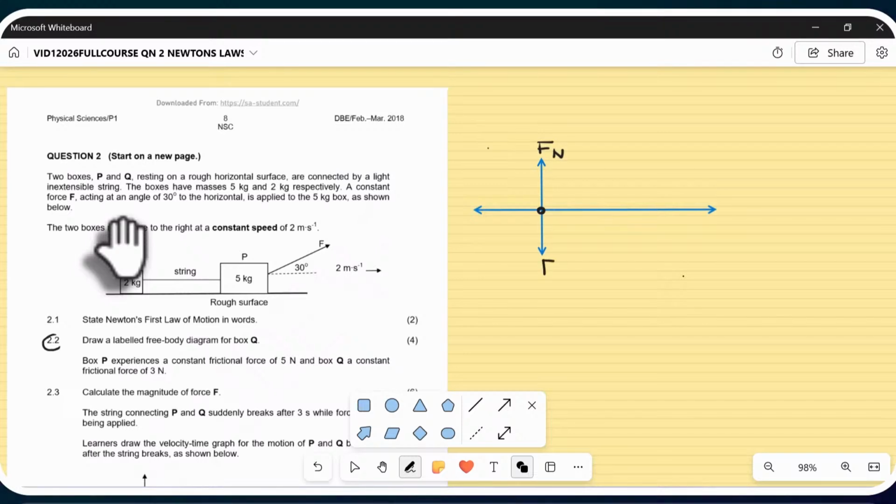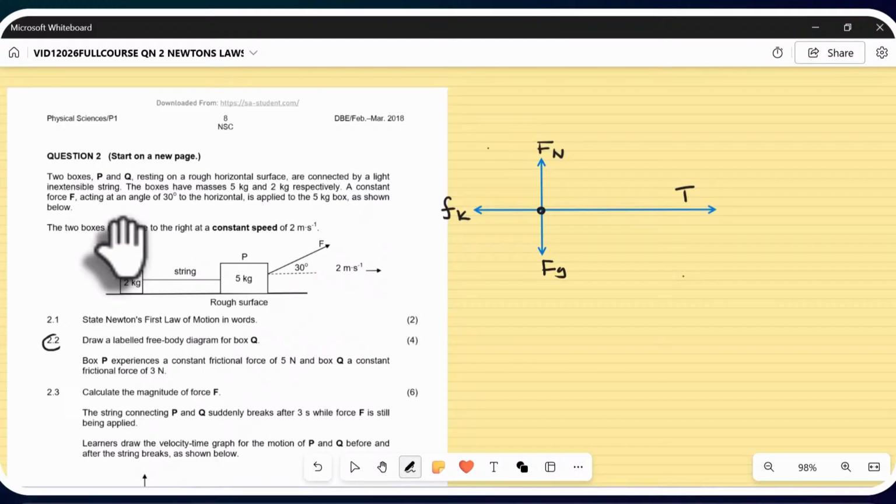When we know the tension, then we can get our force F, because we're going to have two unknowns. But to know the tension for P, I need to first know the tension for Q because it's the same string. Because Q is going to the right as well, I'm going to say T minus frictional force equals MA, and because of the constant speed, I'm going to equate it to 0.